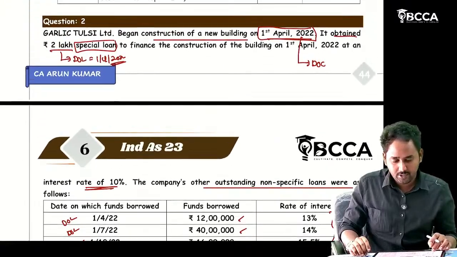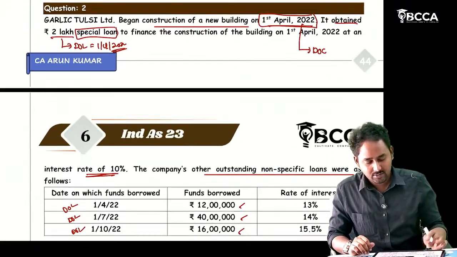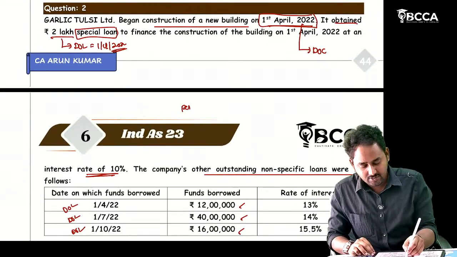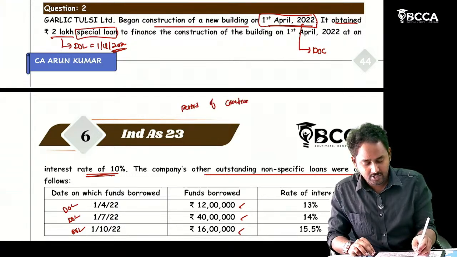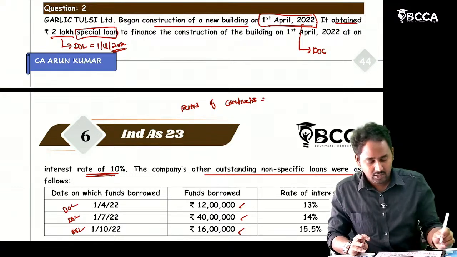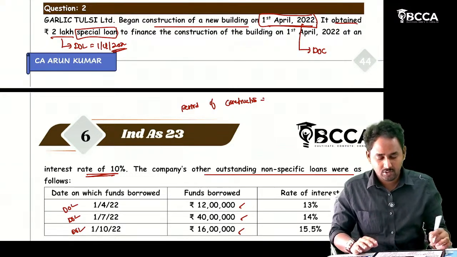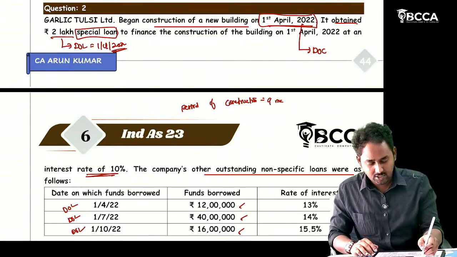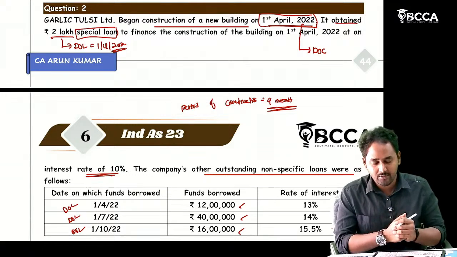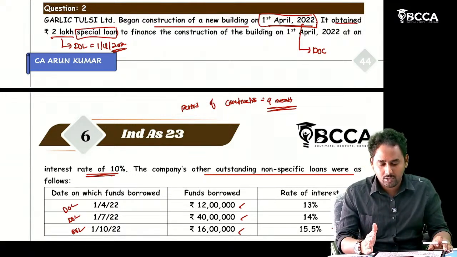So what is the period of construction? April, May, June, July, August, September, October, November, December. The period of time is 12 months.